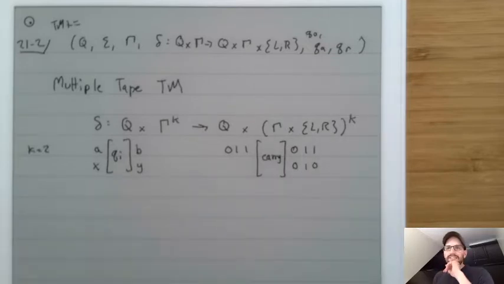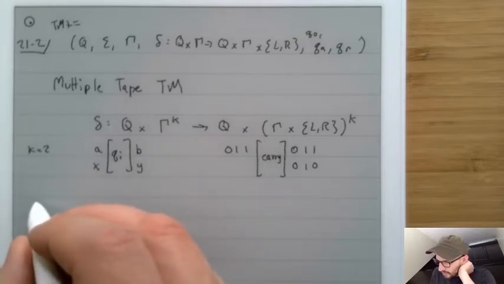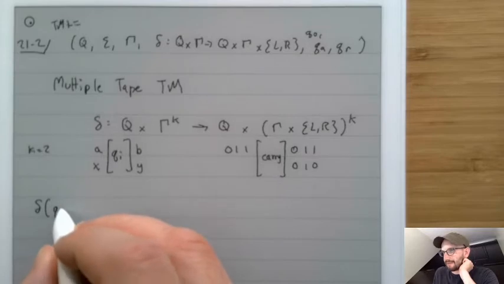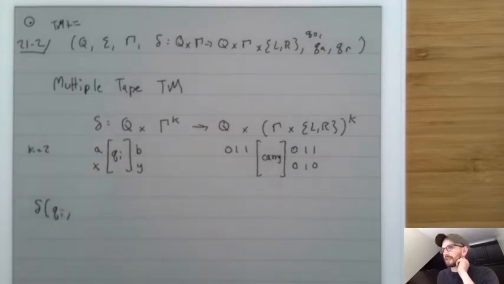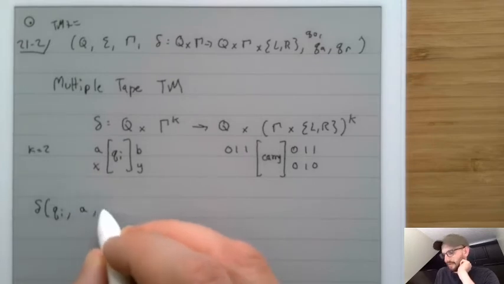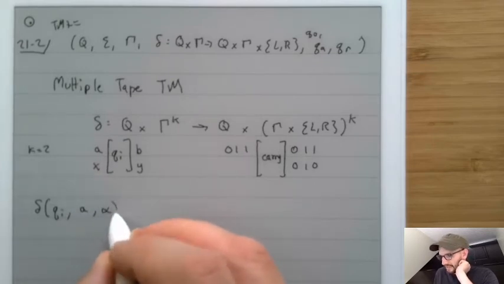Okay, so now here's an example rule. Imagine that we call the delta function, and we're in state Qi, and we're looking at A on the first tape, and alpha on the second tape.